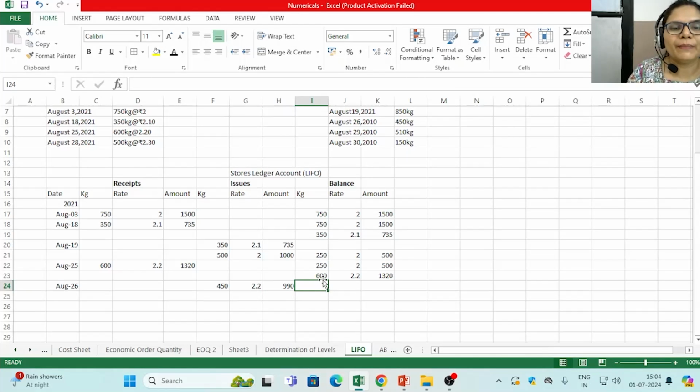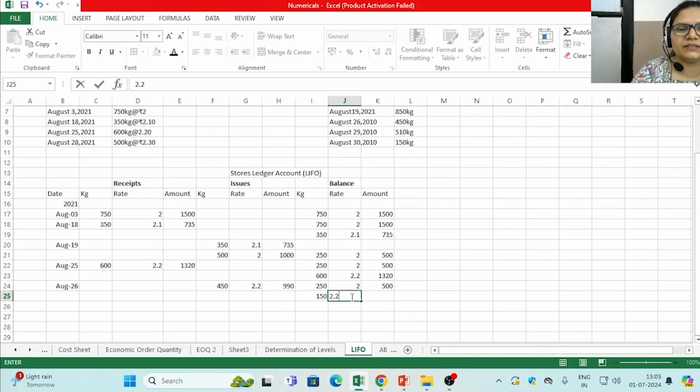Now next is balance. First of all, we will copy 250 as it is a remaining balance. Now next is 600 minus 450 will give you 150. Out of 600, we have already issued 450 kg at the rate of rupees 2.2.